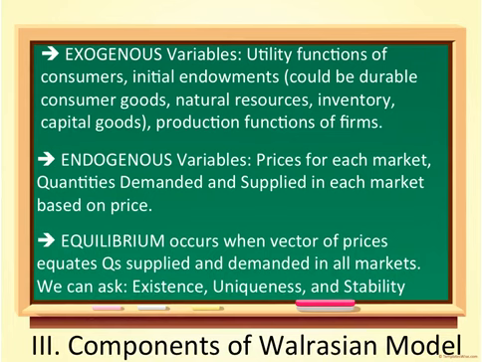And so given that setup now, in equilibrium for a particular Walrasian general equilibrium model, a specific equilibrium occurs when you find a vector of prices. Vector is just a fancy word meaning like a list. So you have a price for each of the markets, and so you find a whole list of those prices, or a vector of prices, one for each market, that equates the quantities supplied and demanded in each of those markets.